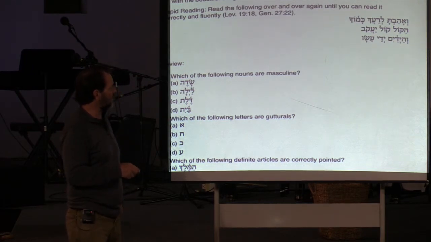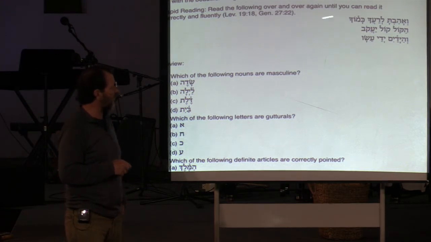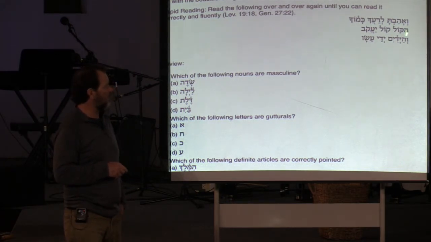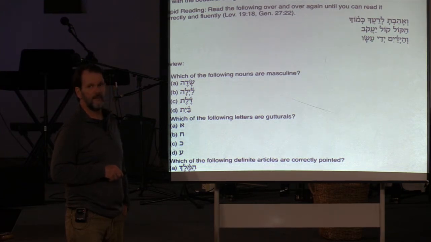Once again, just first part. Ve'ahavta le're'acha kamocha. And if you can go that fast, that's pretty good. Just do that. If you can go a little faster, good. Then, hakol kol Yaakov ve'hayadayim Yadei Esau.